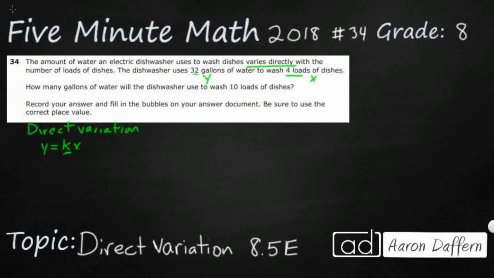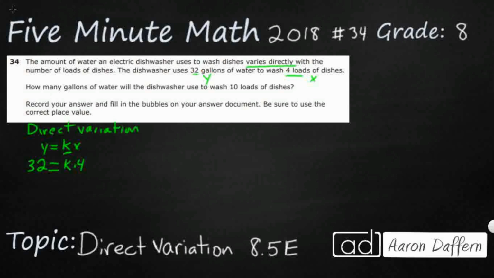And so we can actually just plug that in here. So 32 gallons is what it takes because we have to multiply our 4 loads of dishes by our k, which is the direct variation formula right there.